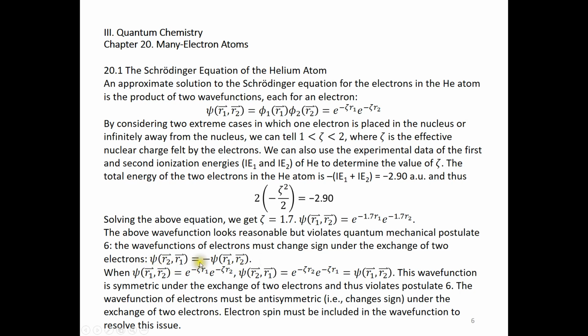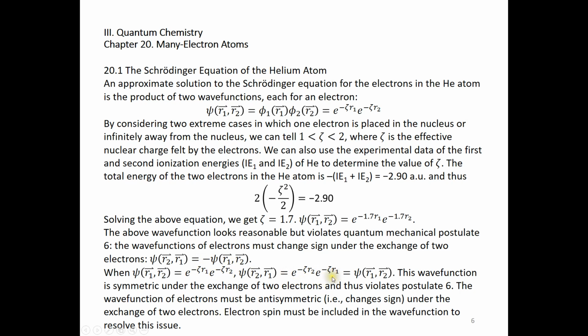So we have this mathematical form: psi of R2 R1 should be negative psi of R1 R2. Now let's look at this equation. This equation is not anti-symmetric. When we exchange R1 and R2, we get this wave function.